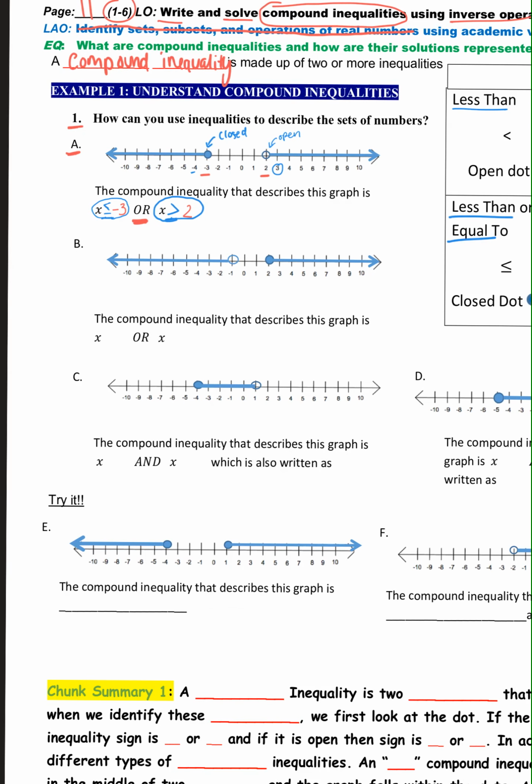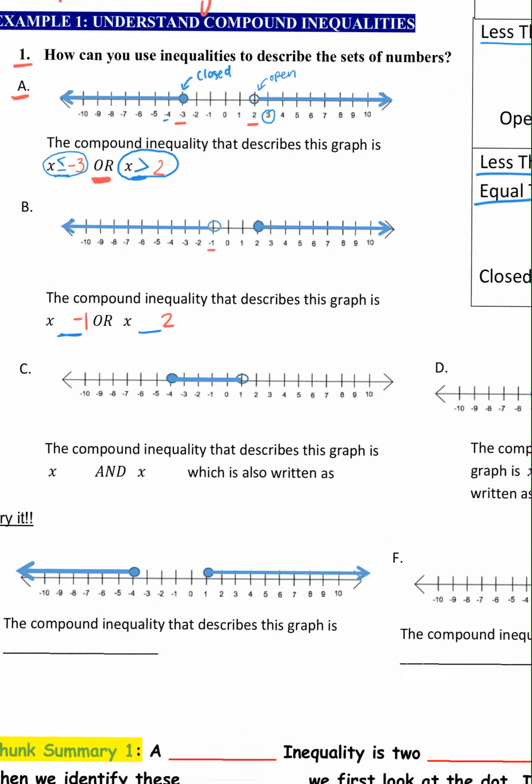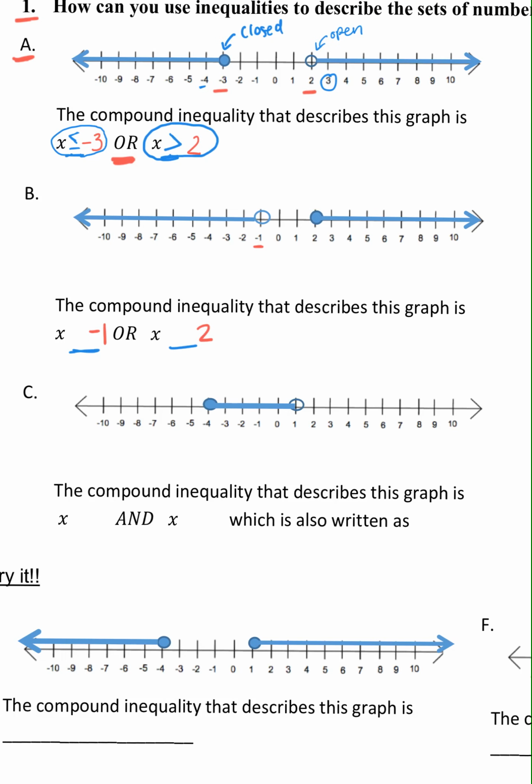All right, B. First step is to identify the numbers. So I have -1 and I have 2. Now I have to decide which inequality signs go there. So if I'm looking at -1, I see that it's open. So it's either greater than or less than. Those are my options.